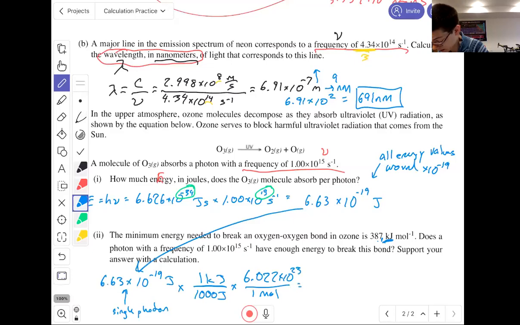That's going to give me 399 kilojoules per mole. So that's what I get from that photon. Is that enough energy to break that bond? I'm comparing the 399 to the 387. Can I break the bond?